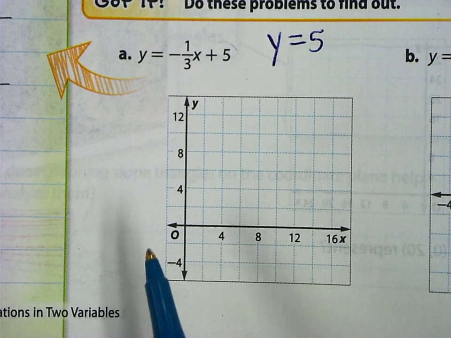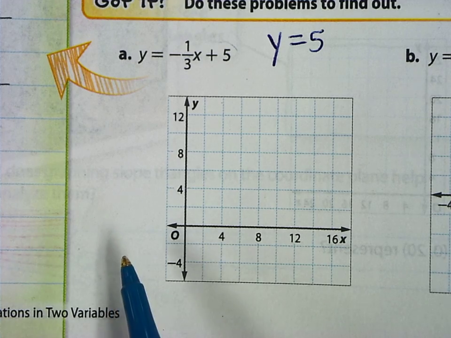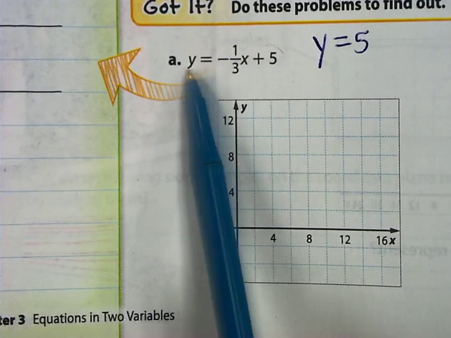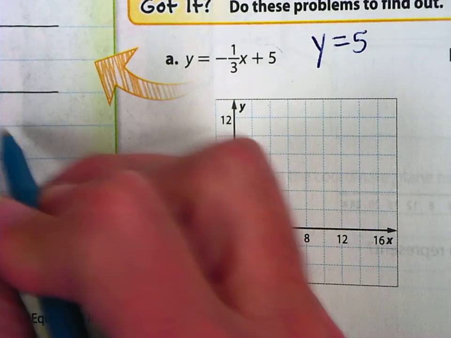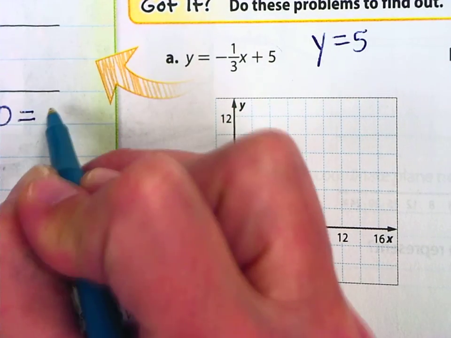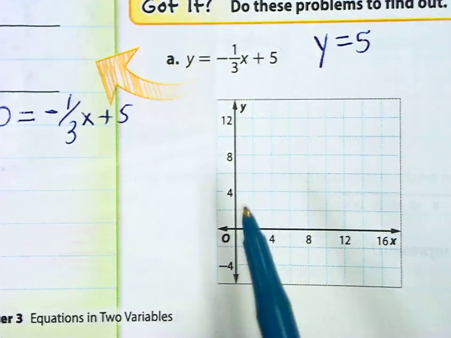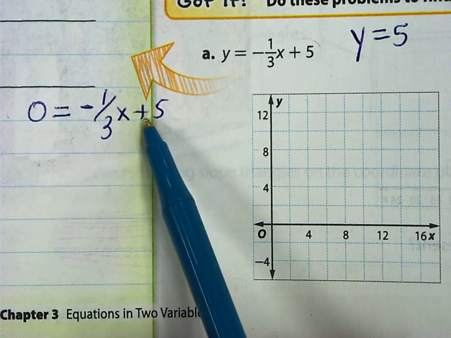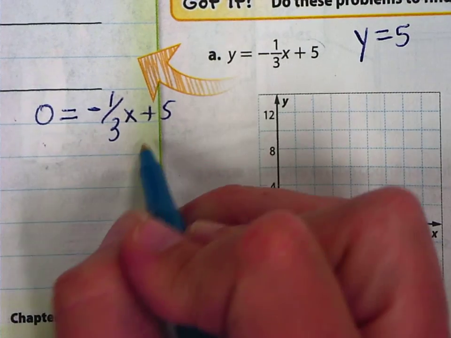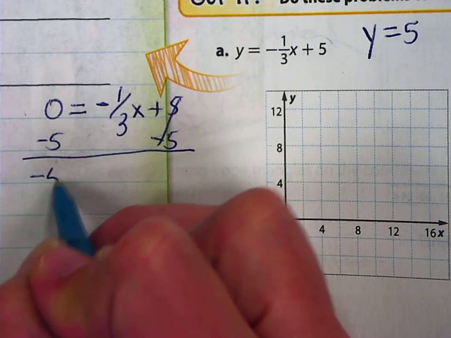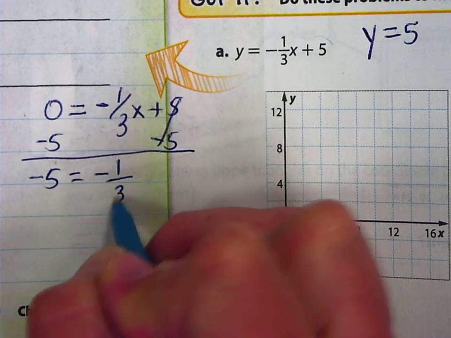Now to find my x-intercept, I'm going to plug in 0 for the opposite letter, which means plugging in 0 for the y. Do this with me in your book: 0 equals -1/3 x plus 5. Before you can divide, you've got to move the 5 to the opposite side by subtracting it. So you have -5 equals -1/3 x.